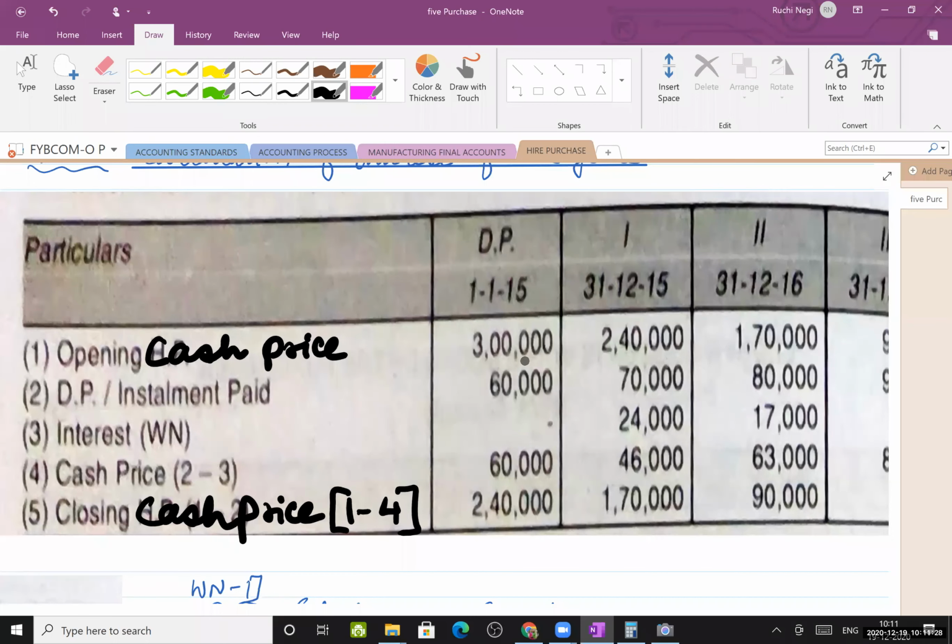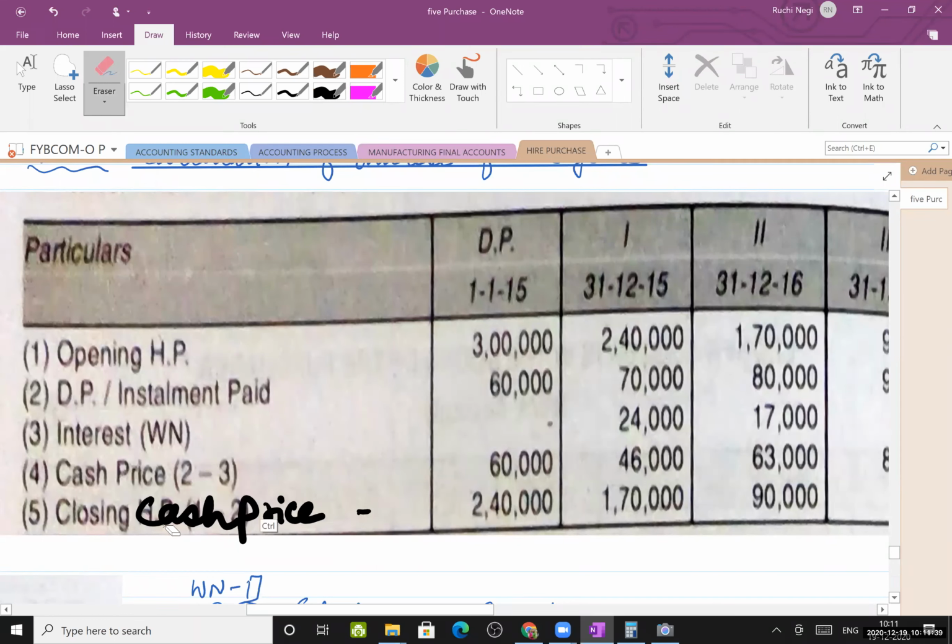I mean the higher purchase price. Yeah, it has to be the higher purchase price. Just a minute. 1 minus 2.